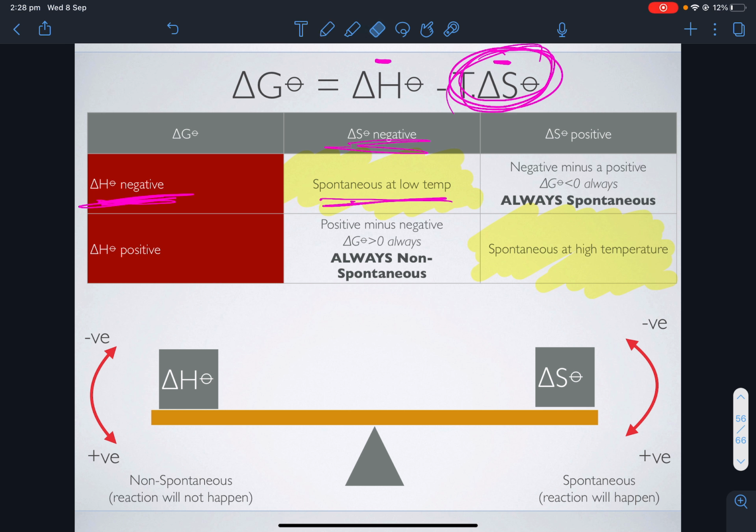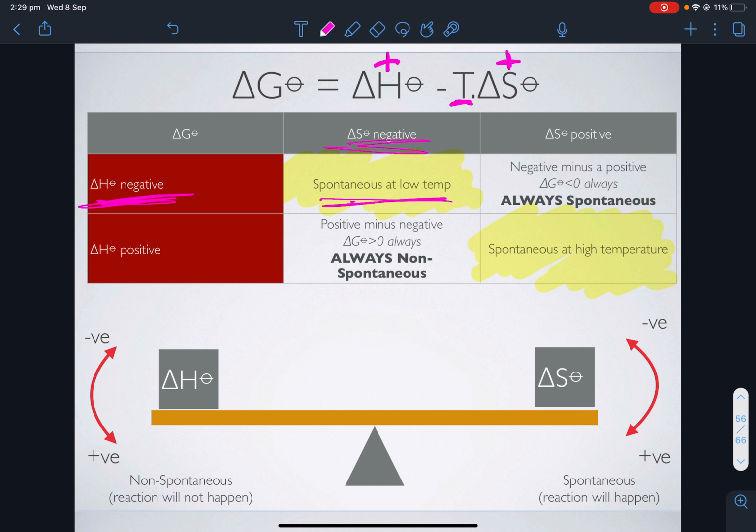Okay, let me erase that one and we'll look at our other funny one here. Delta H is positive and delta S is positive. Okay, a positive minus a positive. Okay, the only thing we can change here is T. So if T is really small in this case, a positive minus a small positive is going to be positive.